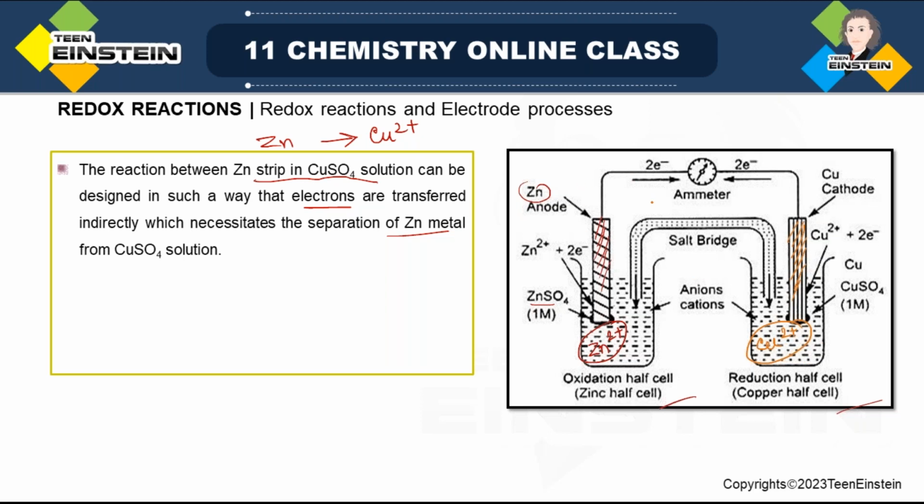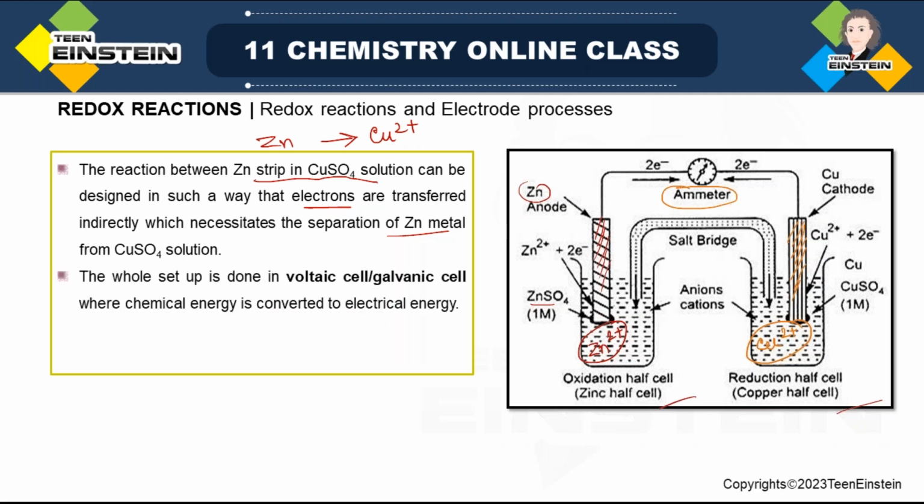Now for electron transfer, an ammeter is set up here. From the ammeter we can understand how the electric energy is transferred, that is, the movement of electrons from which side to which side. Now this whole setup is a voltaic cell or galvanic cell, where chemical energy is converted to electrical energy.